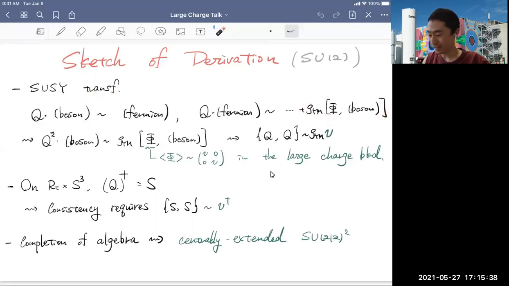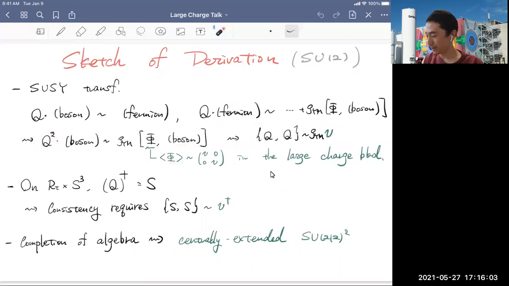So if you take Q squared, and in particular take an appropriate combination of Q and Q, then you get this term. And by choosing indices correctly, you can get a scalar field, which gets a VEV because of the large charge operator.